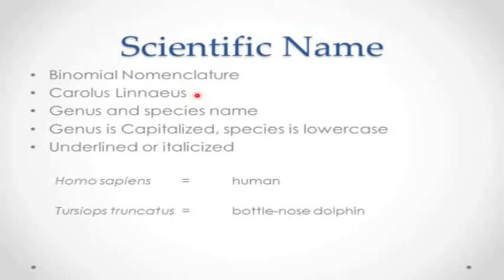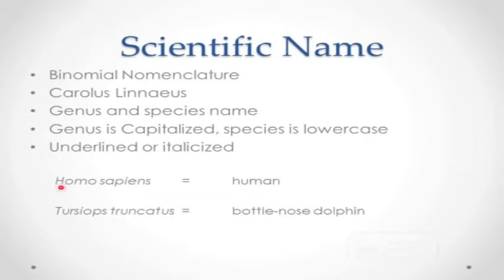He came up with binomial nomenclature, and what it does is it uses the genus name and the species name to identify an organism. And when we write it out, the genus name is capitalized and the species is lowercase, and then you either underline or italicize the name. So if you're writing it out, it's hard to italicize, so you'd underline it, but if you type it, it's italicized.